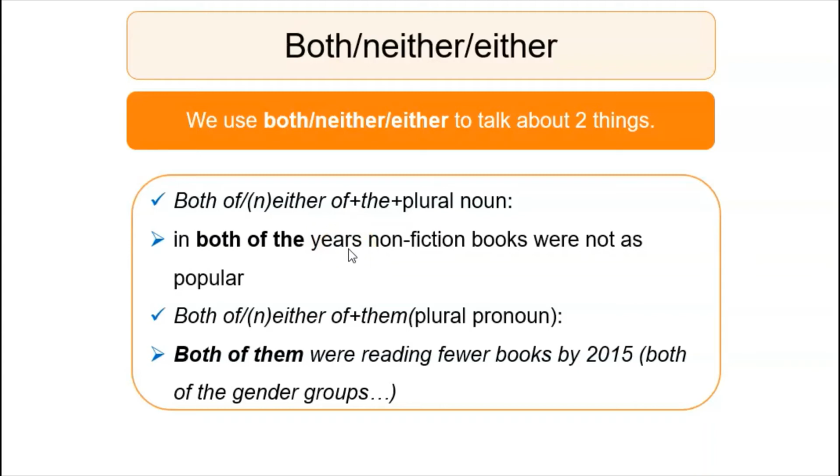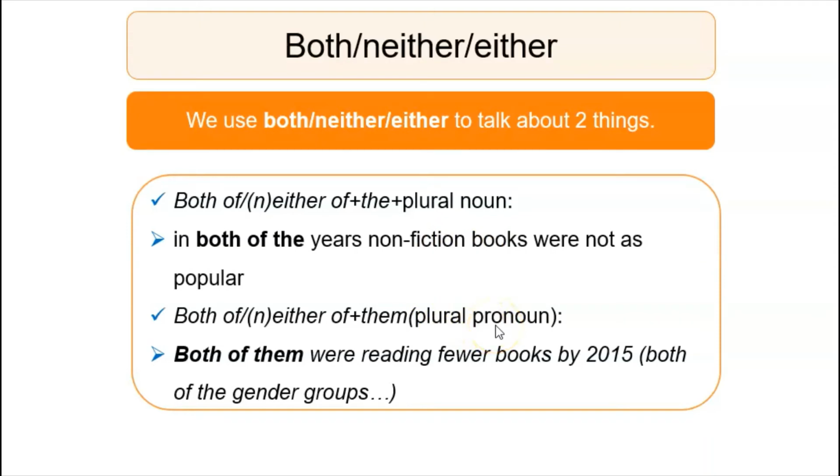Okay, the other one is we also have both of, or either or neither of, plus them. So we can use a plural pronoun here, right? So instead of non-fiction books, which is plural, we can substitute this with a plural pronoun.